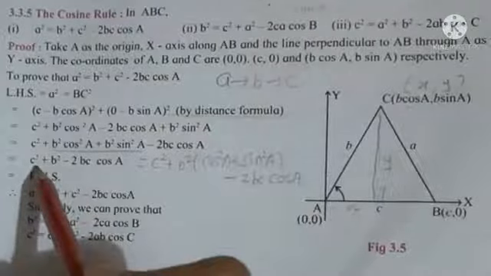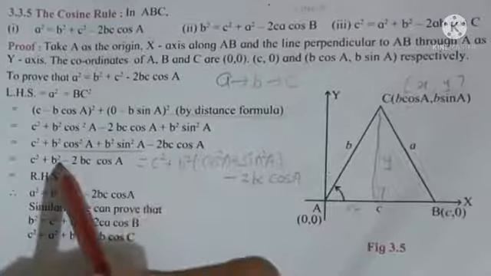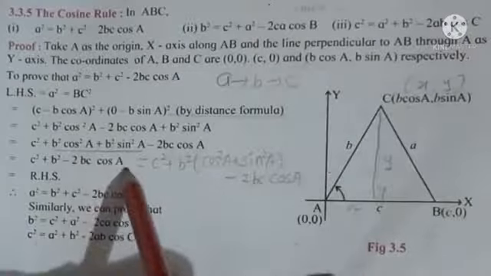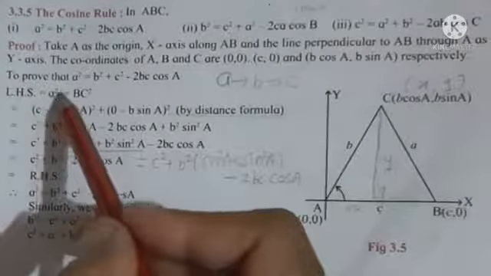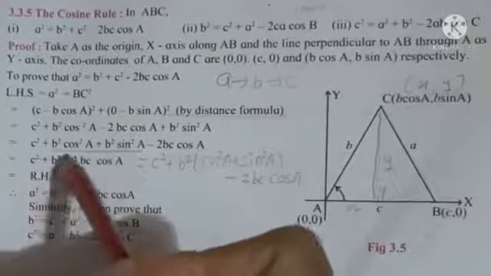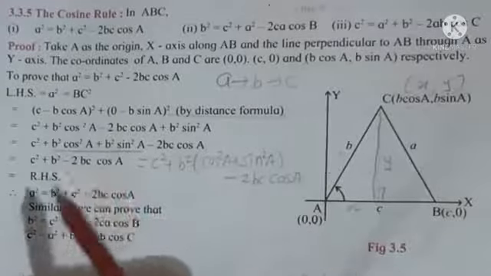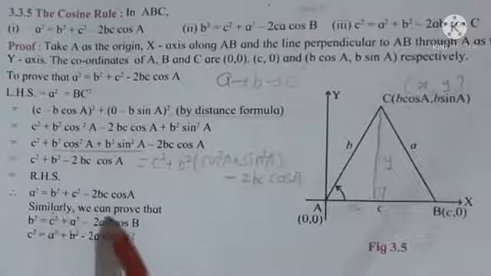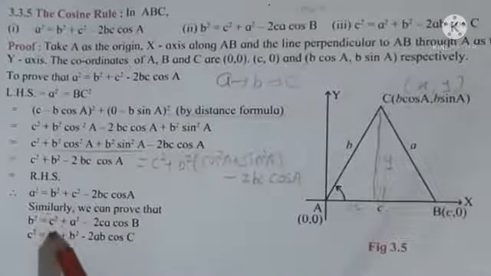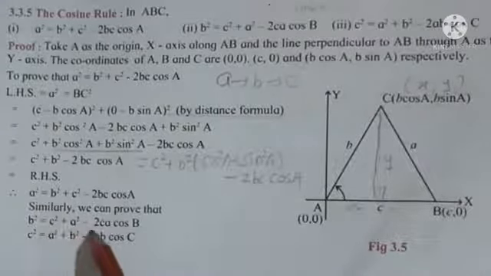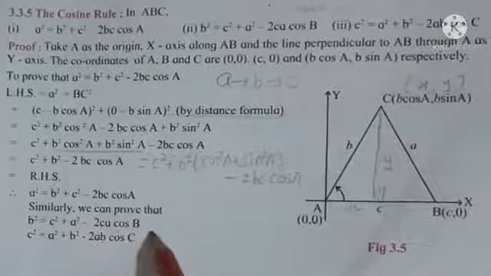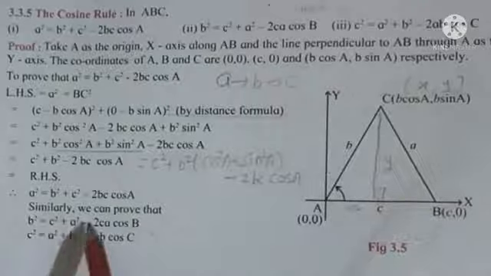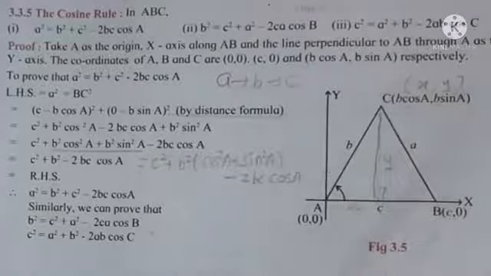So our step becomes c square plus b square, here this value is 1, minus 2bc cos A. So we get a square is equal to c square plus b square minus 2bc cos A, which is nothing but the RHS. Similarly, we can prove that b square is equal to c square plus a square minus 2ca cos B, and c square is equal to a square plus b square minus 2ab cos C.